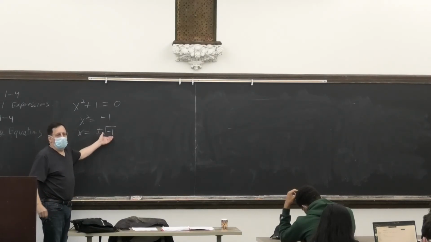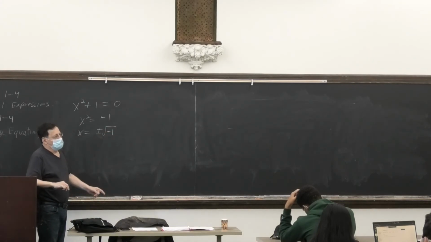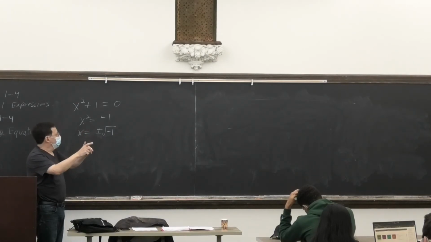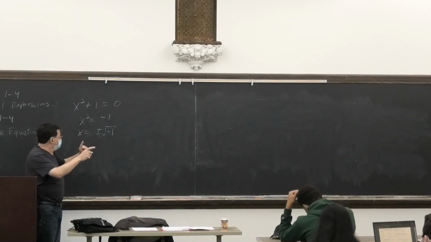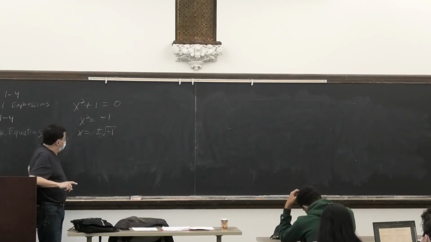How can you multiply two numbers and get a negative number? Take a real number, you multiply a positive by a positive, you get a positive. A negative by a negative, you get a positive.